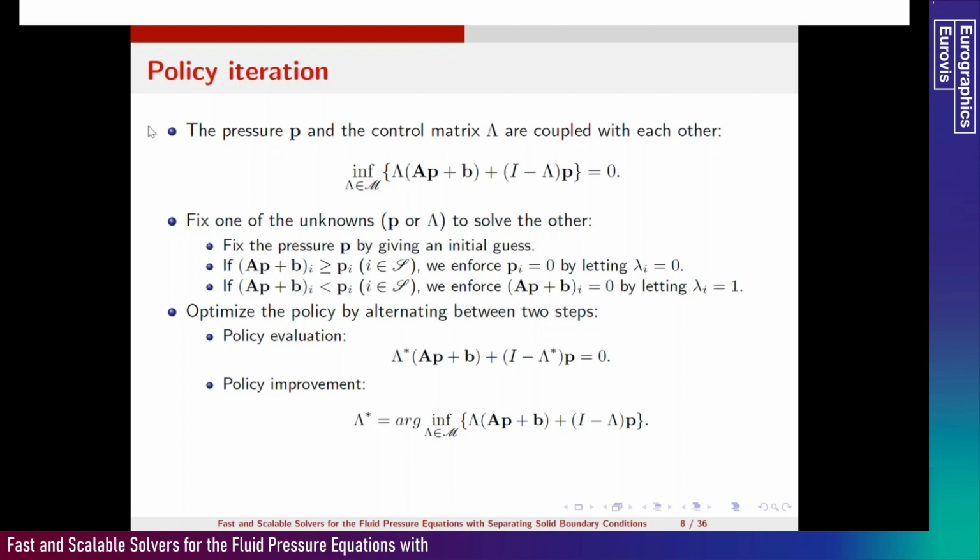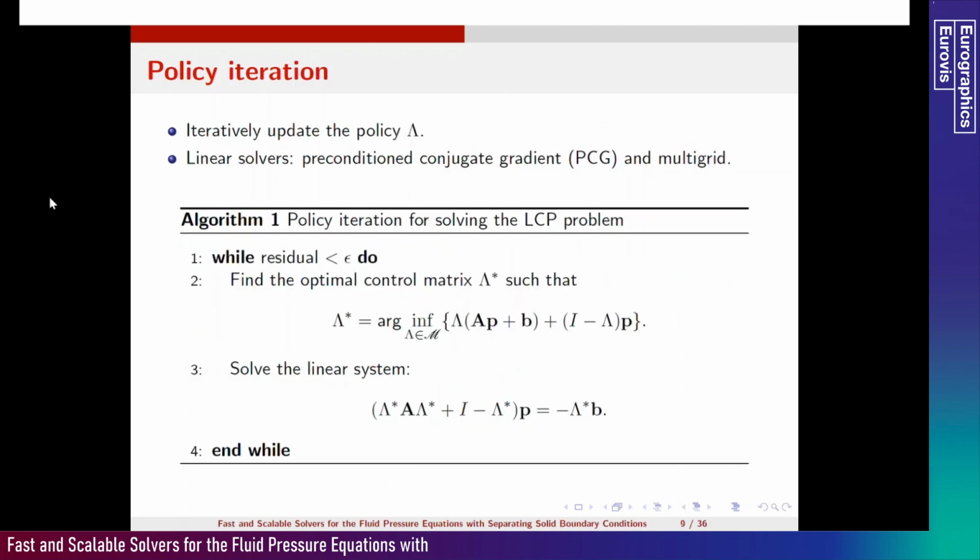We alternate between the porosity evaluation and the porosity improvement until convergence. To solve our HJB equation, we treat the control matrix as the porosity. When we fix the porosity, we formulate a linear system and solve it for the new pressure. To solve the linear system, we have the option of using preconditioned conjugate gradient (PCG) and multigrid, which I will talk about later.